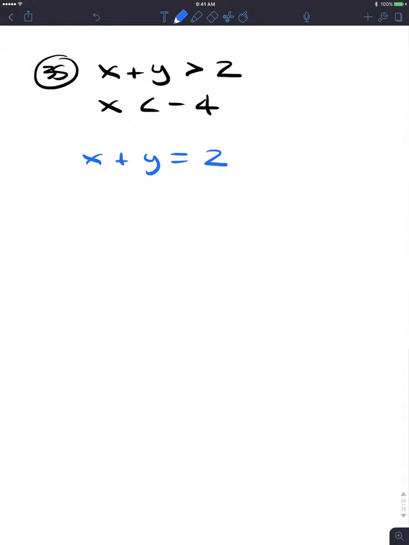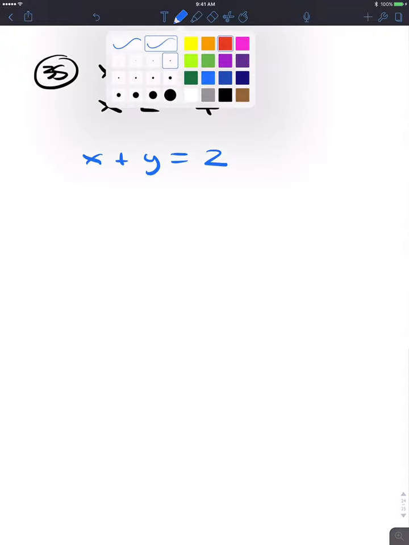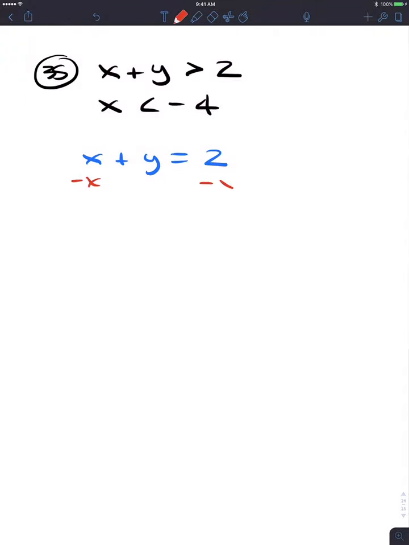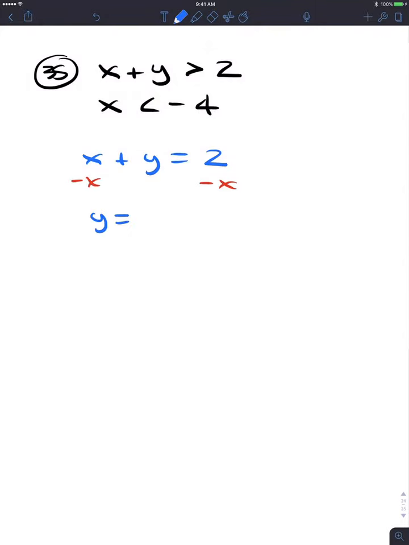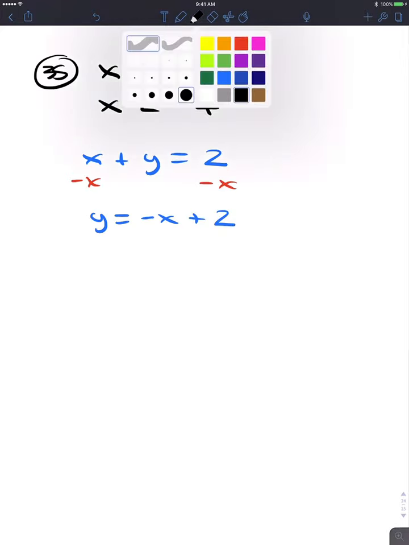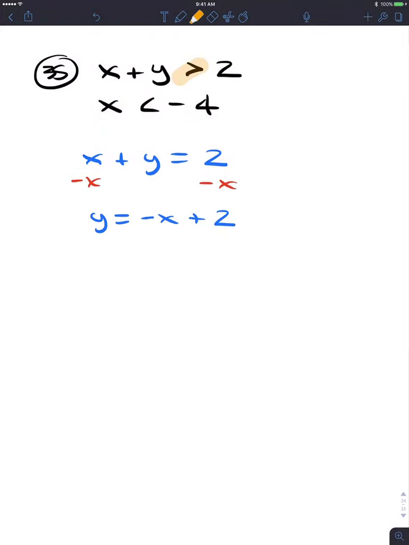So if I subtract x from both sides, notice the blue line is going to be y equals negative x plus 2. Again, this line will be dotted because it's a strict inequality. My slope here is negative 1. This is line 1.